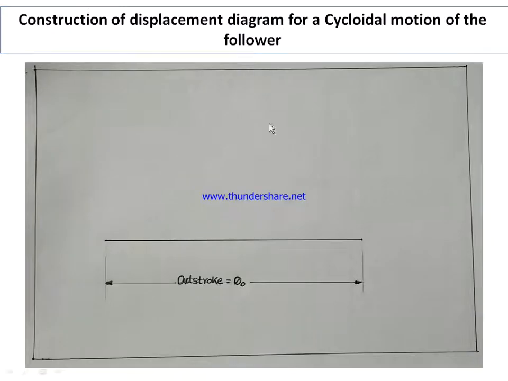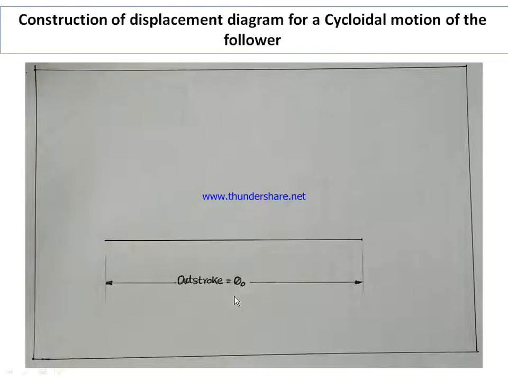Now before solving this problem, let us first understand how the displacement diagram can be constructed when the follower moves with the cycloidal motion. Here I am taking the construction of the displacement diagram for only the outward motion of the follower, from its lowest position to the outermost position.